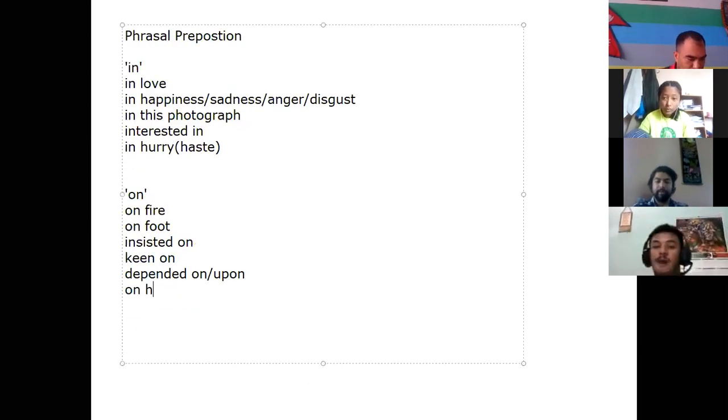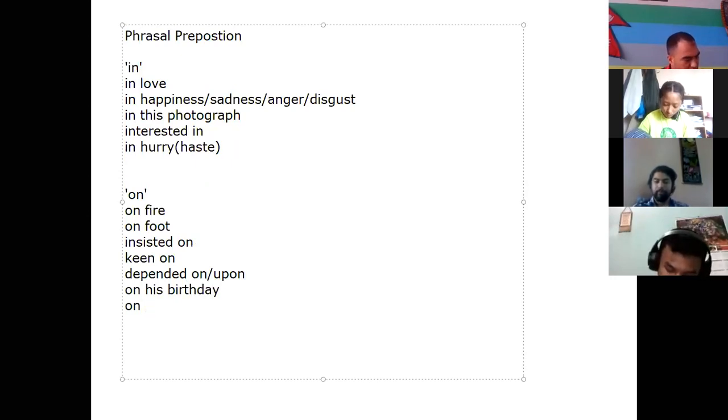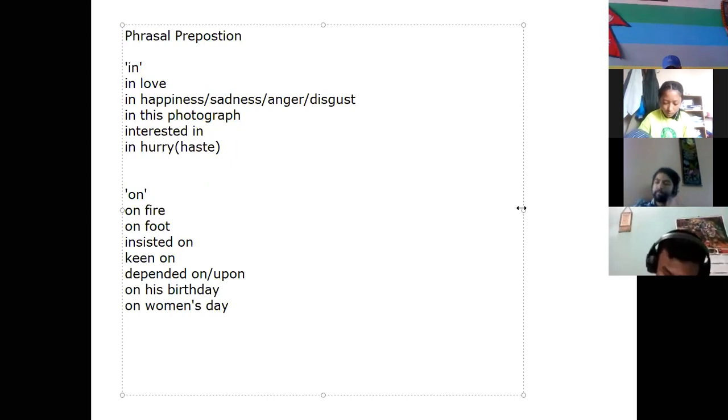So on his birthday, so Women's Day, on the Independence Day, on the Martyrs' Day, is the term right? On use also.